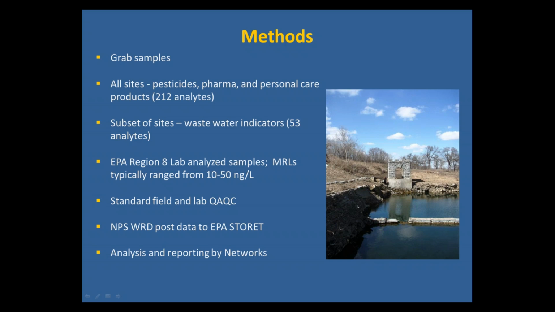You do have to be a little careful about not contaminating samples because we carry a lot of these chemicals on our body. And one of the nice things from the network perspective is that the lab sends the data to the Water Resources Division of the Park Service, and they handle the data management to post the data to the National EPA STORET database. And then we get the data back and we do some analysis and reporting.